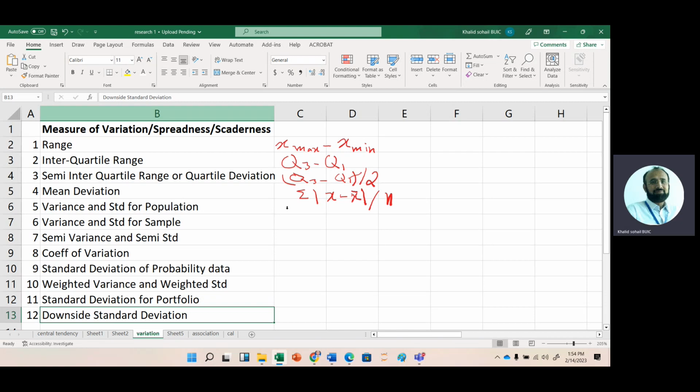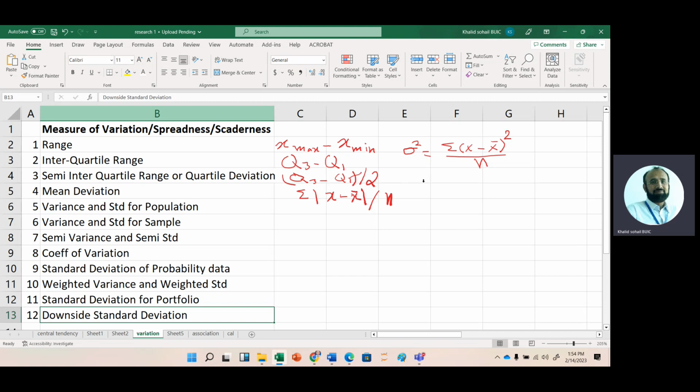Then we have variance and standard deviation for population data. Now I'm writing here, for population variance, we denote it with sigma square. And we have this formula, summation (x minus x bar) square divided by n. And if we take its square root, it becomes standard deviation.